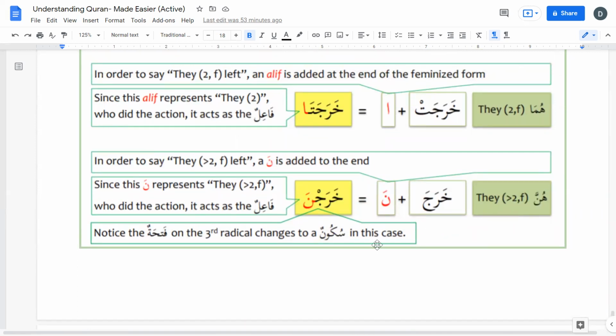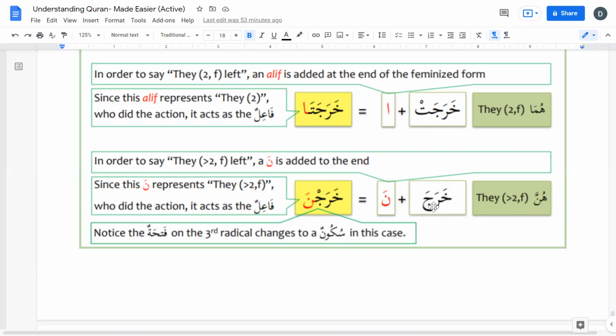It requires the third radical, which is lam kalima. In kharaja, the lam kalima is jim. So the last radical, the third radical, has to have a sukoon. In the hunna version, it is a required thing that it has to have a sukoon.